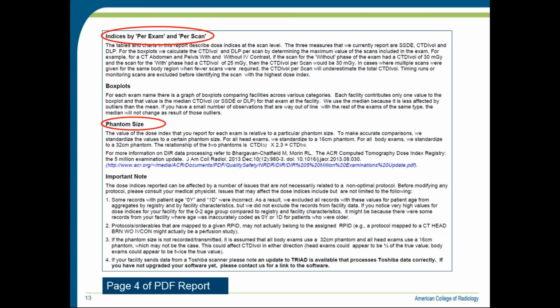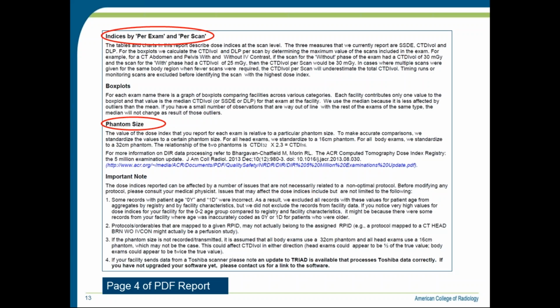One is with IV contrast, one is without. So in DIR, we will take the maximum of the dose index between the 2 scans and report it as max or per scan. And then we will total these 2 scans and report it as per exam. And there is an example in this indices per exam and per scan box.